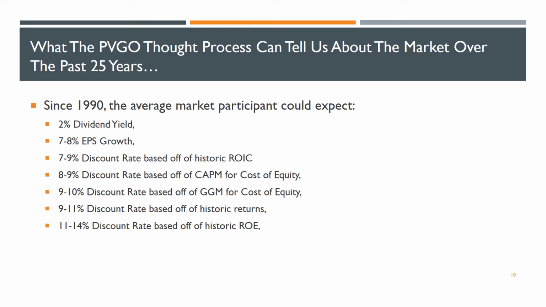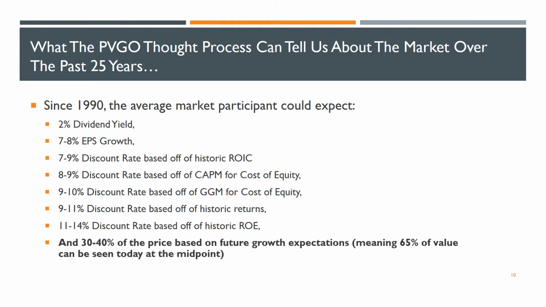But most importantly, over the past 25 years, the average market participant could expect around 35% of the price to be based on future growth expectations, meaning around 65% of the value can be seen today at the midpoint.